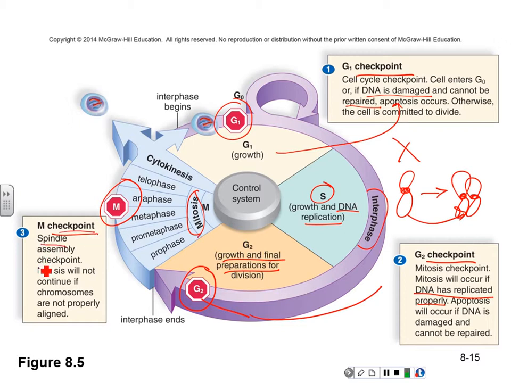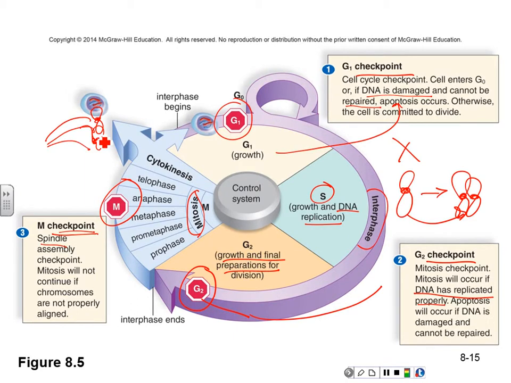Basically, did the spindles assemble properly? So remember the spindles that come out and they grab the chromosome. Well, what happens if the spindles don't bind to the chromosome properly? Well, that's not going to allow the chromosomes to be pulled to the opposite side during anaphase, so you're going to have some chromosomal issues.